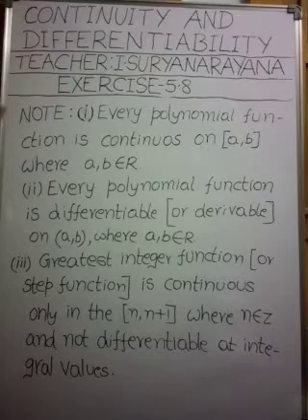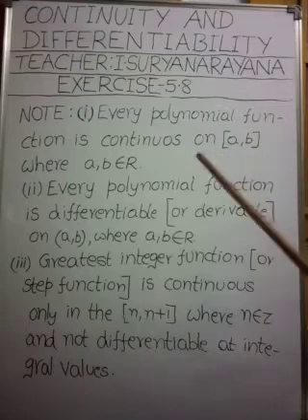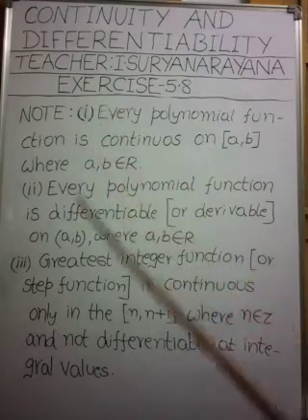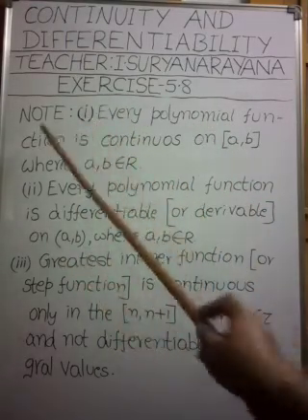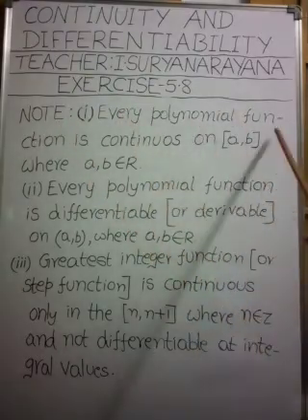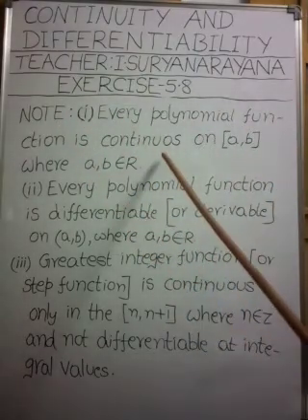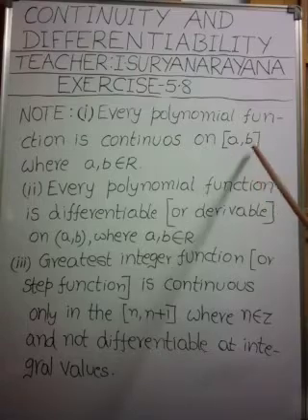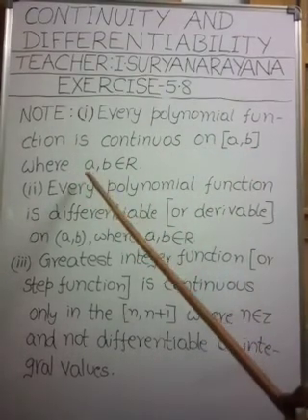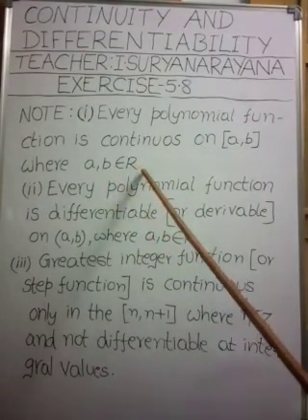Now, before starting the exercise sums, please remember these three points also, my dear children. Note: every polynomial function is continuous on closed interval a comma b, where a comma b belongs to the real numbers.